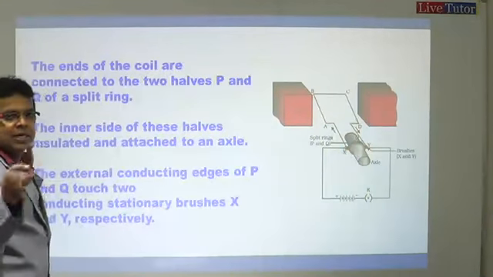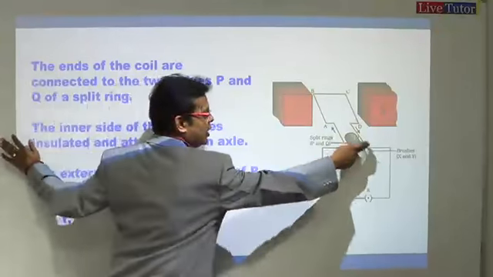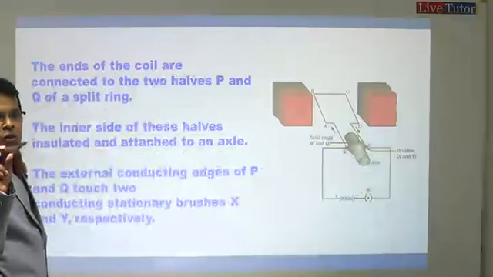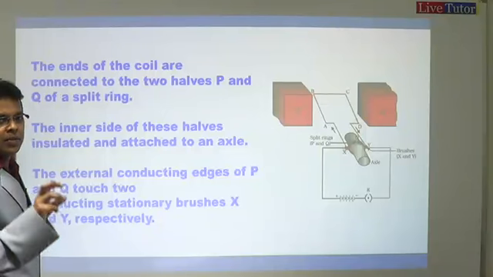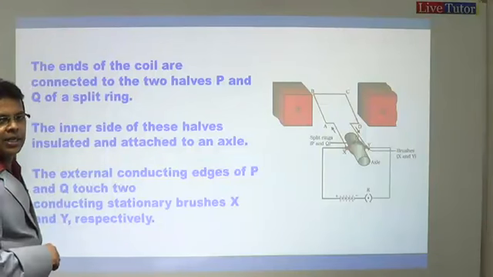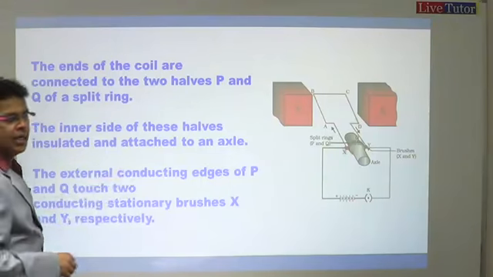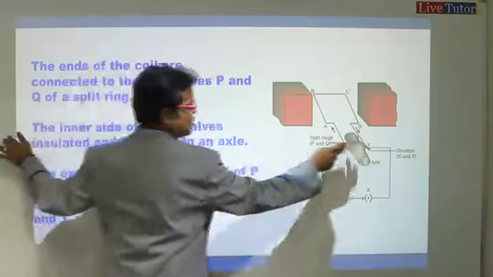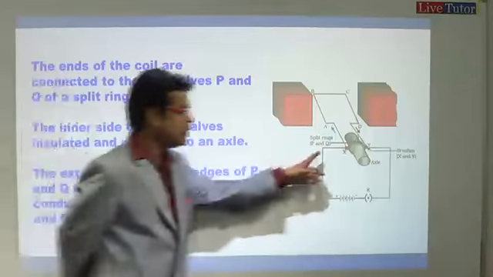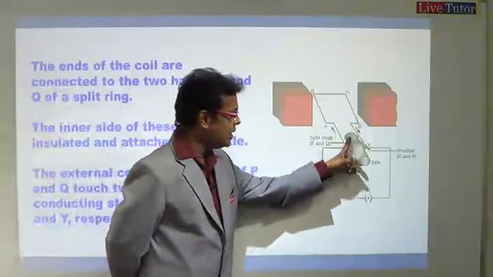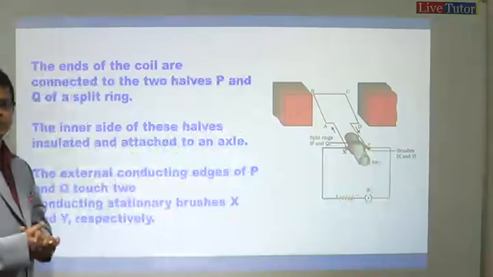Now, the external conducting edges of P and Q are attached to two stationary carbon brushes. The carbon brushes conduct the current to the external circuit. They are named X and Y: P is connected to X and Q is connected to Y. So this is the connection.